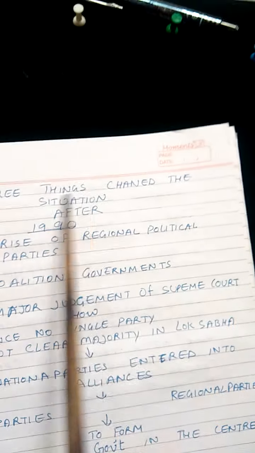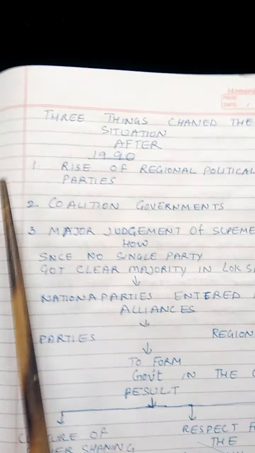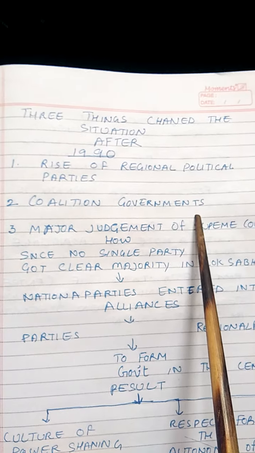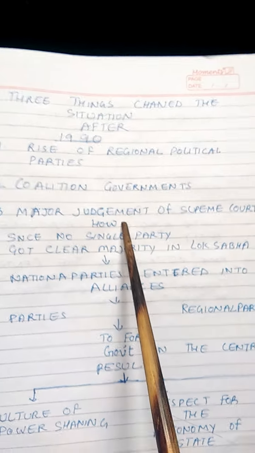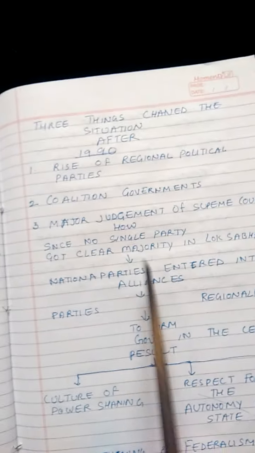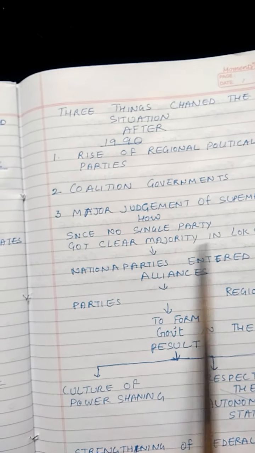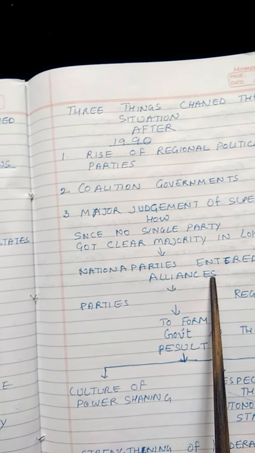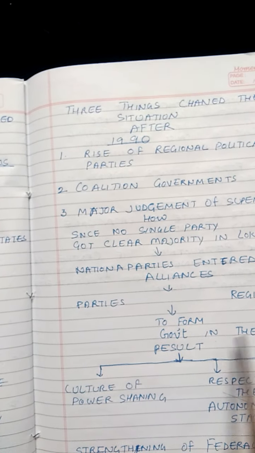But then after 1990, what happened? Three things changed the situation after 1990. Now, which three things? First, rise of regional political parties. Second, coalition governments. And third, major judgment of the Supreme Court. Let's discuss how. Children, since no single party got a clear majority in Lok Sabha, this resulted in national parties entering into alliances with other political parties or with regional parties to form governments in the center.